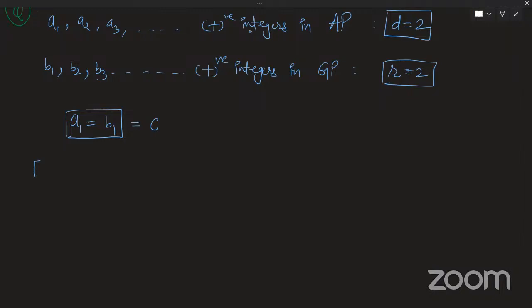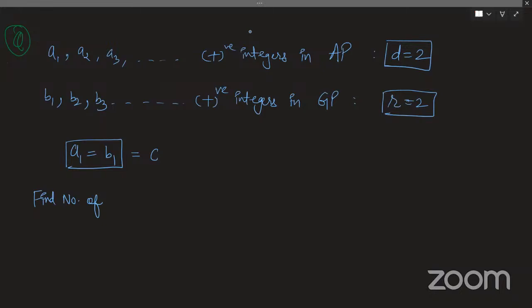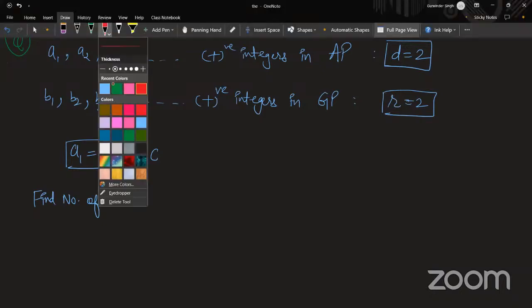So find, C is equal to 0. Are you sure? Why should C be equal to 0? Like, what was your logic? Can you tell me the logic? Why can't it be anything else? Should I give you a counter example?